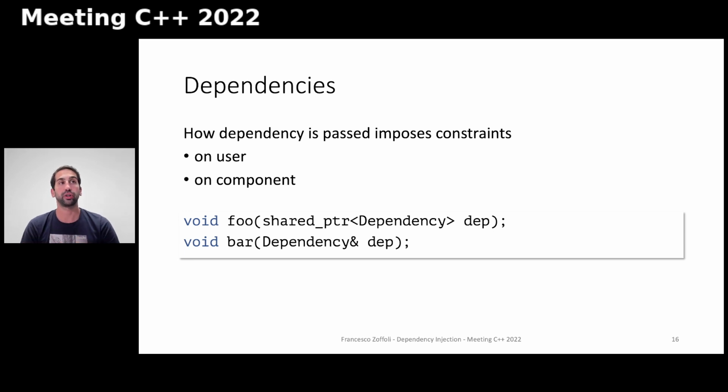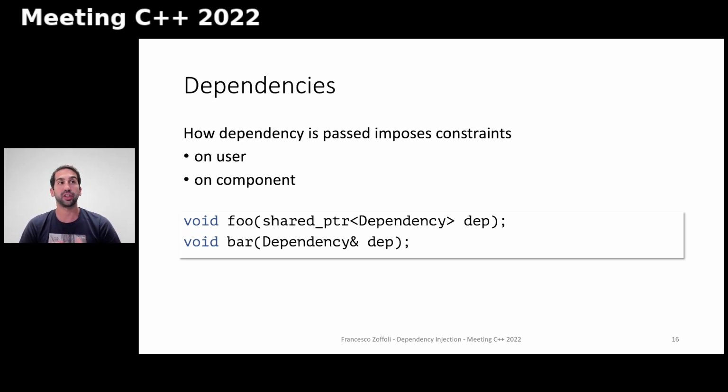But on the contrary, the user of foo, so who calls foo, now needs to provide a shared pointer. And potentially they might not have a shared pointer. In that case, they will need to allocate the object into memory to create the shared pointer.